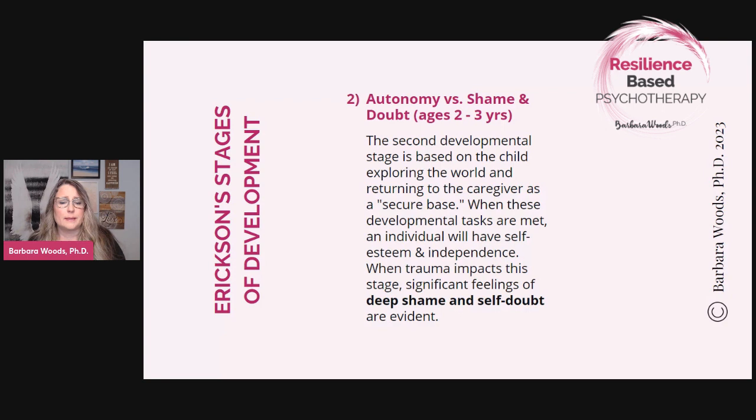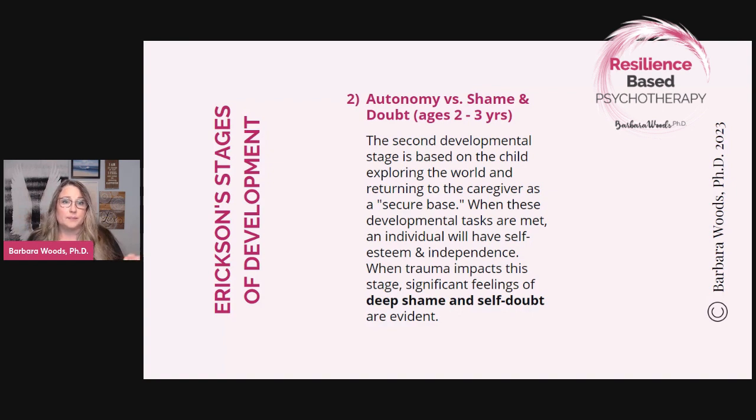When trauma impacts this stage, there can be really deep shame and self-doubt. This is really important because in intergenerational trauma, shame is a very significant factor that has a tendency to be transmitted through generations environmentally as well.